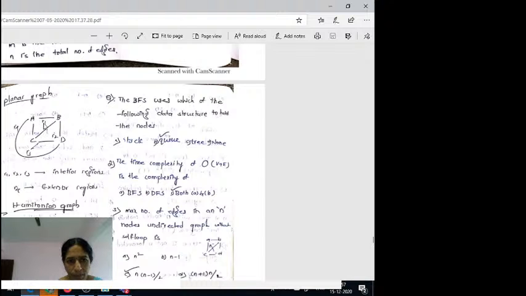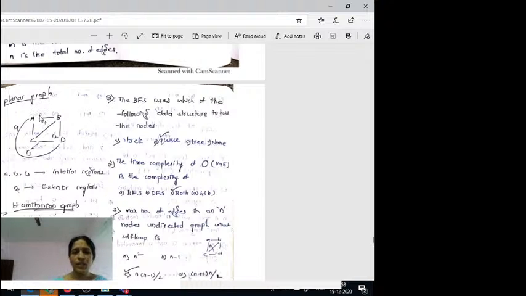In this planar graph, how many regions are there? If there are 4 vertices, 1, 2, 3, 4, how many regions are there? There are 4 regions. Of these, 3 are interior regions and 1 is the exterior region.